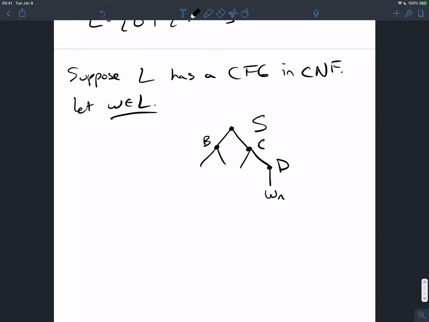Well, every single node in this tree is a variable. And what do we know about the children of any node in this tree? It must have two variables other than the now leaves of the tree, right? Oh, so this tree is binary. So the parse tree now is binary.